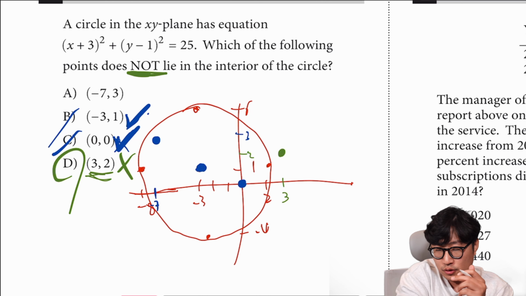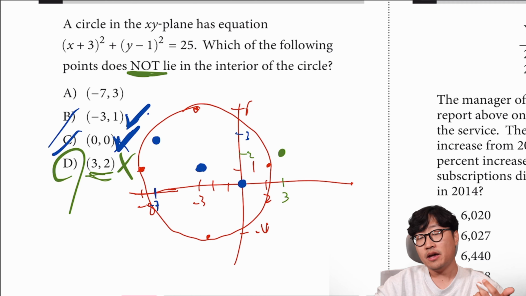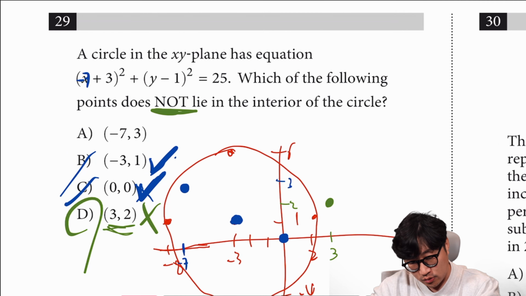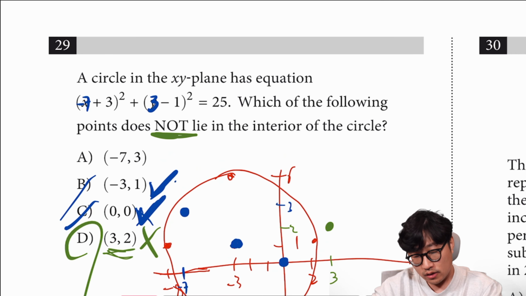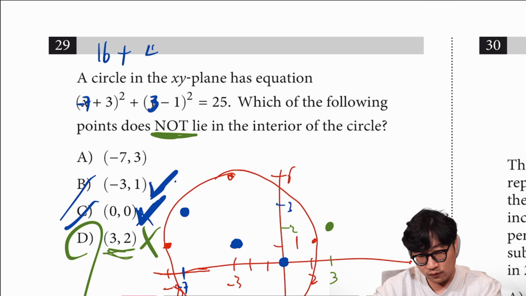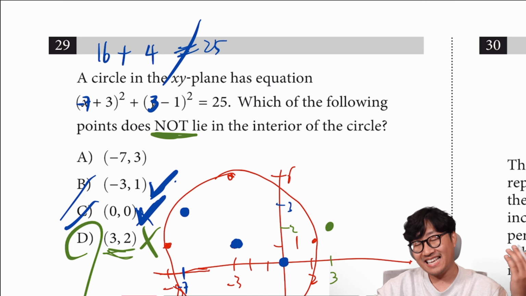If you wanted to double check, let's say choice A, you can go ahead and punch negative 7 and 3 into the original equation. What would that give you? That'll give you negative 4 squared, which is 16, plus 3 minus 1, so 2 squared, which is 4, and that's equal to 25. Well, first of all, it is not equal to 25, of course, because it is not on the circle. It is in the circle.